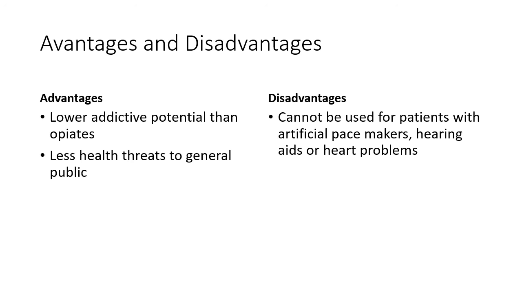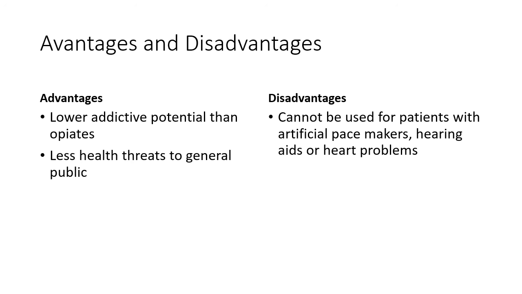However, they were highly addictive, especially because the patients were able to take the medication themselves, and sometimes they would overdo it, which would lead to addiction. Also, there are fewer health threats to the general public, especially because you cannot leave the patient to the treatment by himself, but you lead them through it, which is a lot nicer.